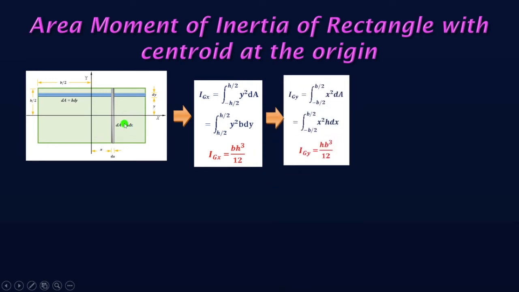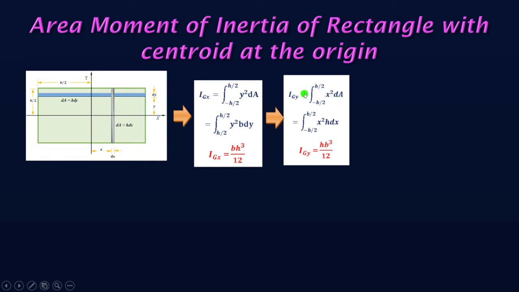And similarly, to find out IGY, we will consider an elementary area parallel to the y-axis. To find out IGX, we considered the elementary area parallel to the x-axis. To find out IGY, the elementary area is parallel to the y-axis, at a distance of x and thickness dx.